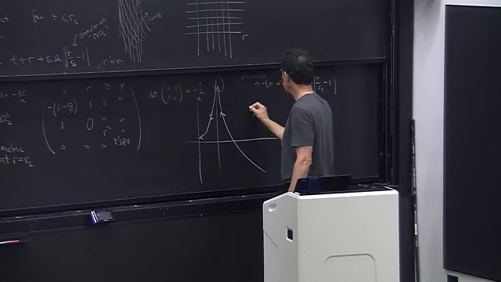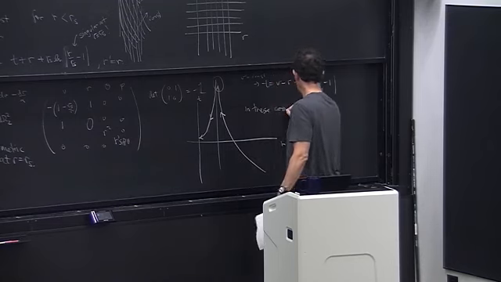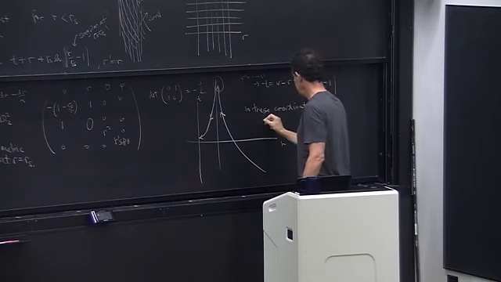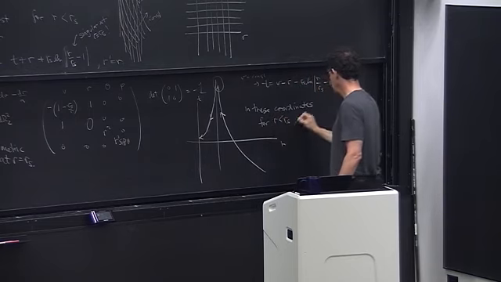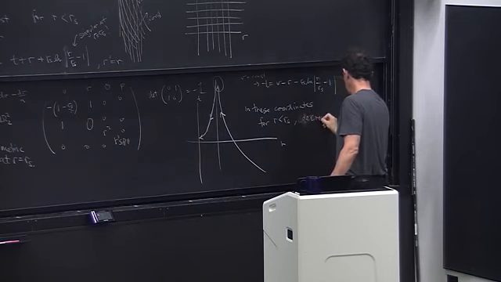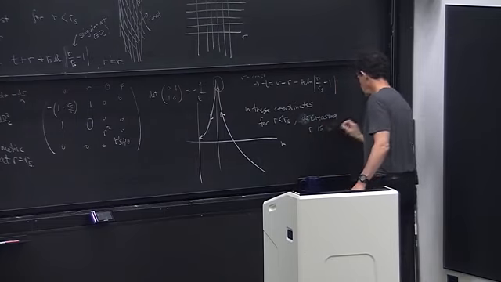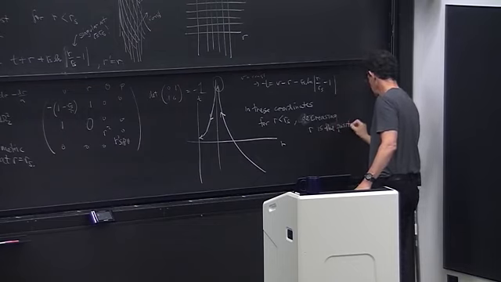So according to these coordinates, for r less than rs, decreasing r is increasing, is the positive time-like direction.